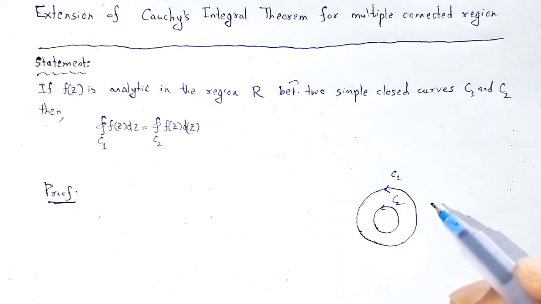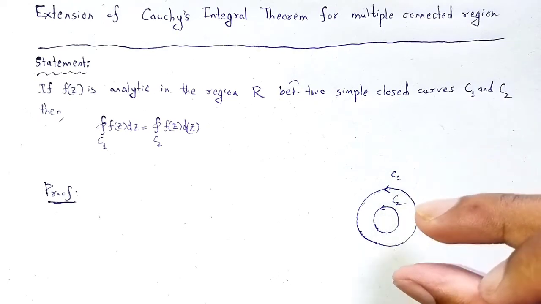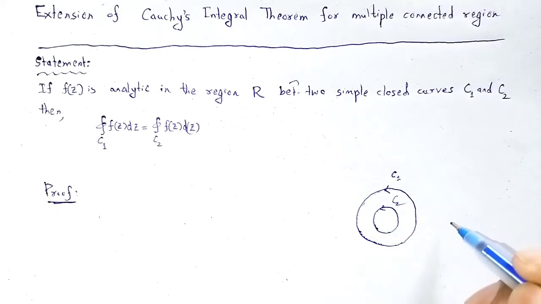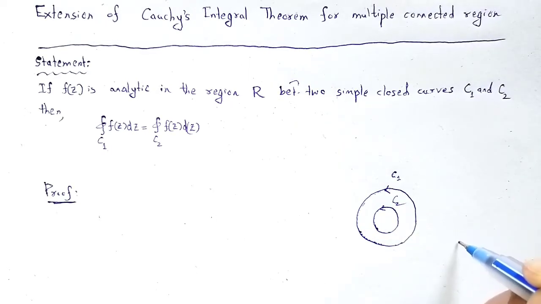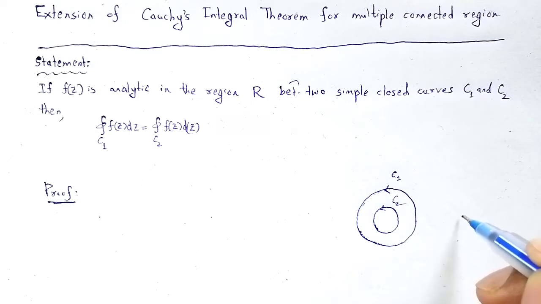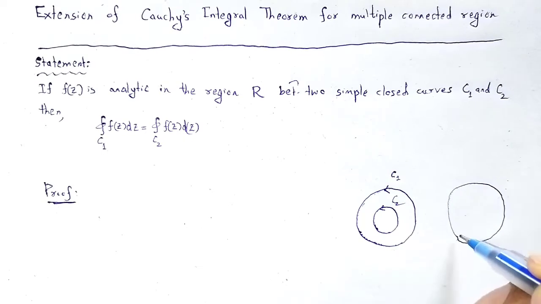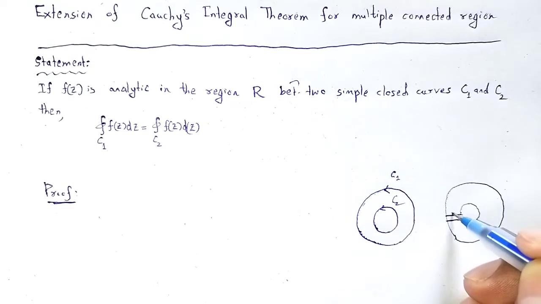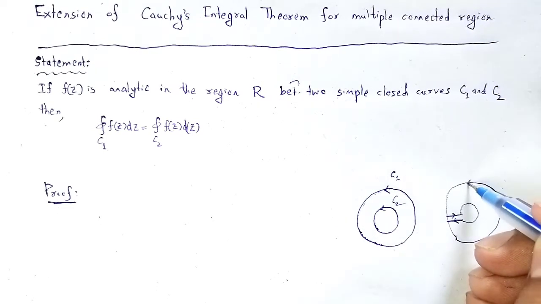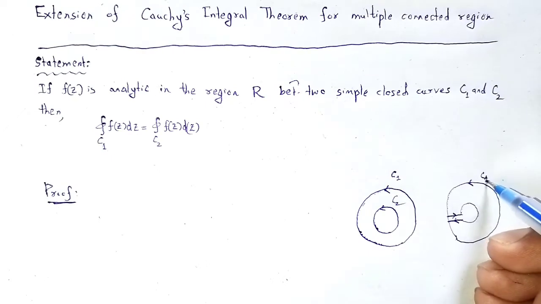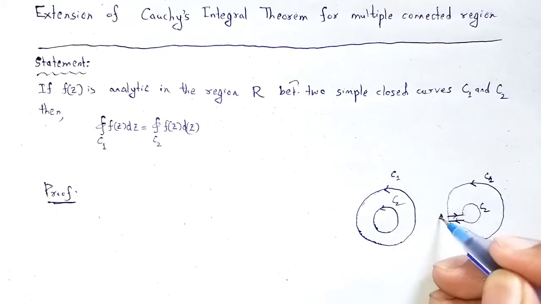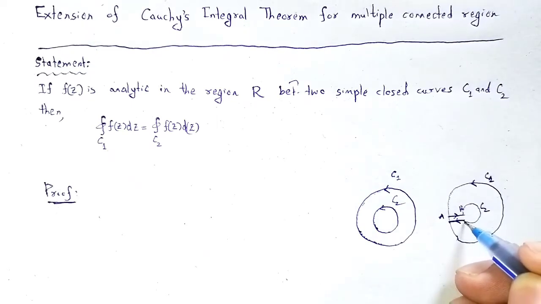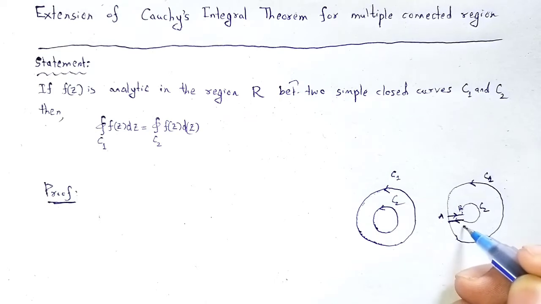So we convert that doubly connected region into a simply connected one by taking a cross cut. Here the cross cut is used between C1 and C2; let that be AB, and that will be CD. From this to that, let us take EF.